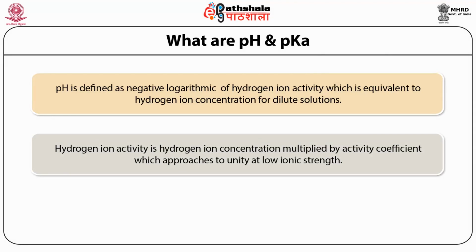Hydrogen ion activity is hydrogen ion concentration multiplied by the activity coefficient, which approaches unity at low ionic strength. So pH measurement is essentially done to represent the hydrogen ion concentration, and it is also a very simplified version so that everyone can understand easily. Once we write the pH values, one can easily make out what the hydrogen ion concentration could be.